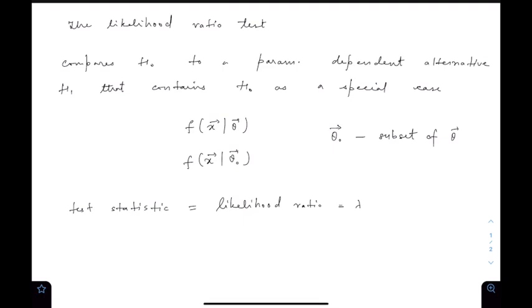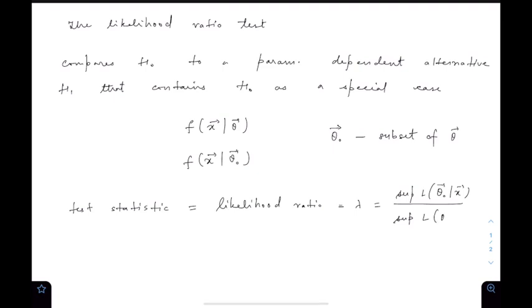So this is the ratio of the likelihood of H0 and the likelihood of H1, where the parameters are chosen such that they maximize the likelihoods for the given observations. So this is given by an expression, the supremum of the likelihoods.